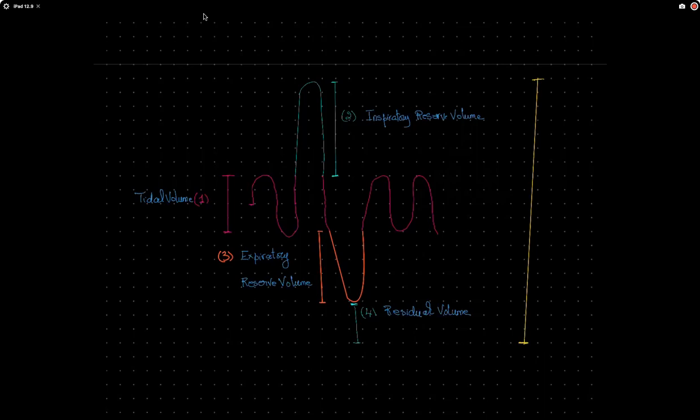What do we call the maximum amount of air that can be held in the lungs? This includes inspiratory reserve volume, tidal volume, expiratory reserve volume, and residual volume. All of this is called my total lung capacity.